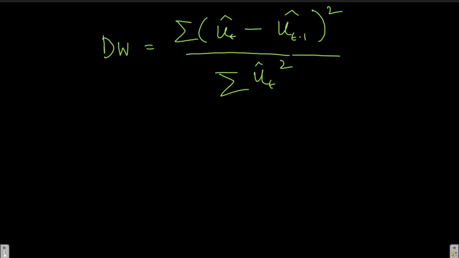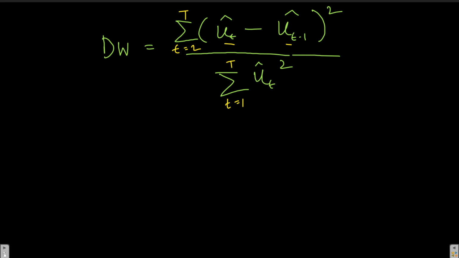Now there is something you need to note about the time periods. In the numerator I start with t equal to 2 to T, and in the denominator I start from t equal to 1 to T. Why do I do that? Because of the subtraction here. If I take t equal to 2, ut minus 1 hat is going to be u1 hat, and ut hat will be u2 hat.